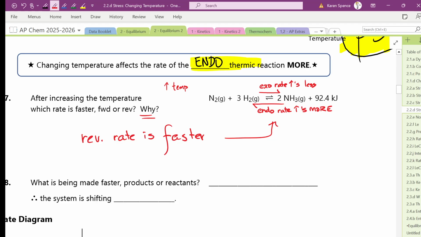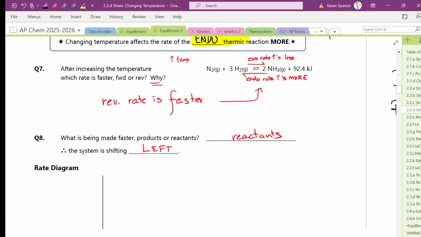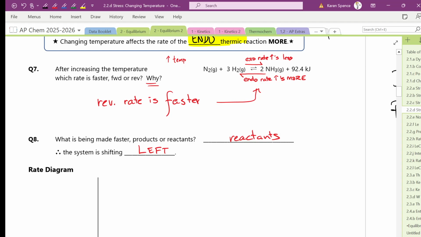So what is being made faster, products or reactants? Reactants. And if we are making reactants faster, which direction are we shifting? We are shifting left. So let's throw this on a rate diagram.